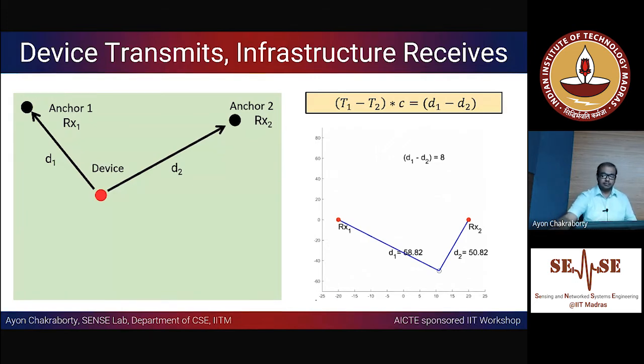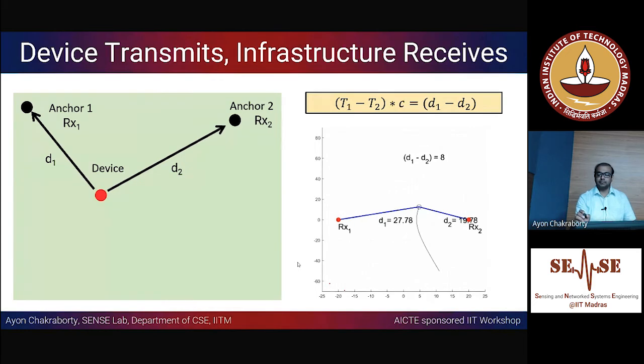Okay, so I can show you how this works. See, I have plotted all the points that are going to be on the locus. Every time, D1 minus D2 is equal to 8, and RX1 and RX2 are the locations of the anchors.